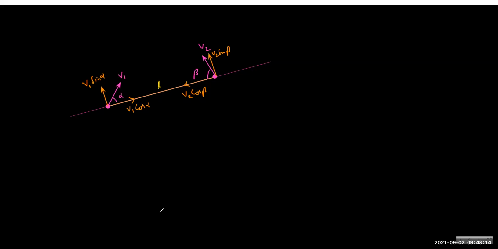Now tell me, looking at the components, can you guess which component will help you in diminishing the gap? V1 sin beta. So the sin beta and sin alpha will diminish the gap, right? Think carefully.